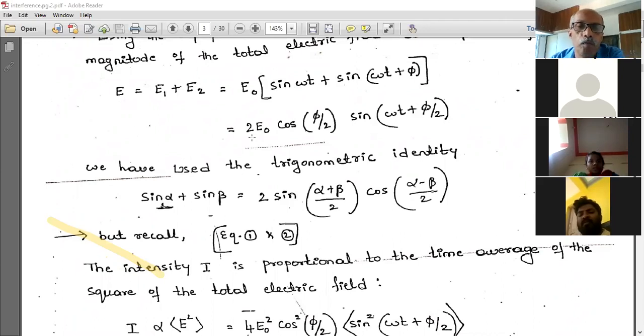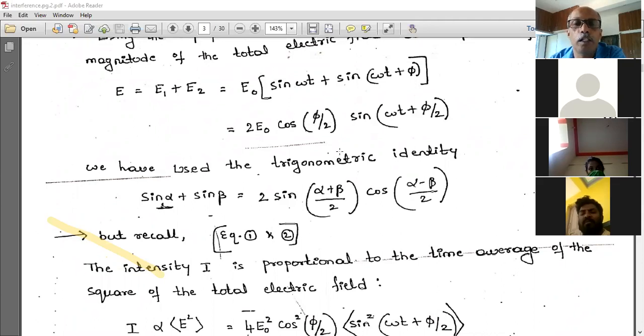So it is 2 E naught sine of omega t plus phi by 2 into cos of minus phi by 2, but cos minus phi by 2 is nothing but cos phi by 2.